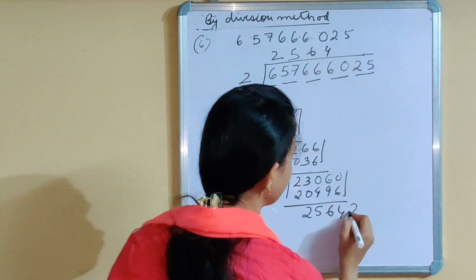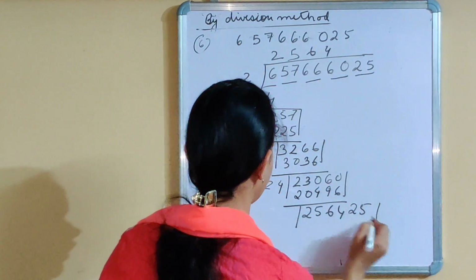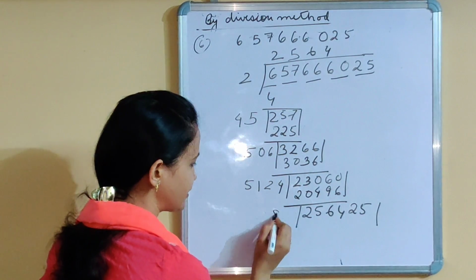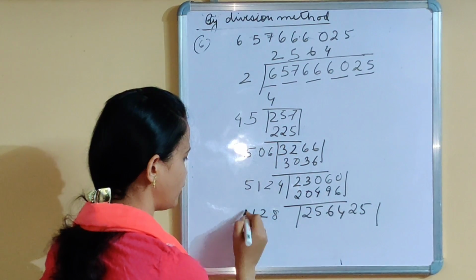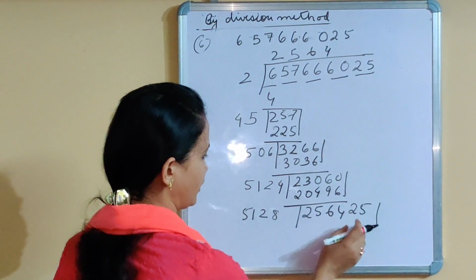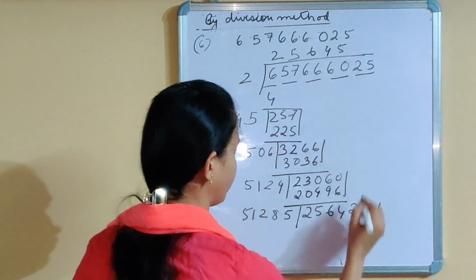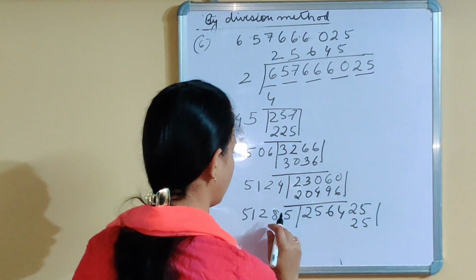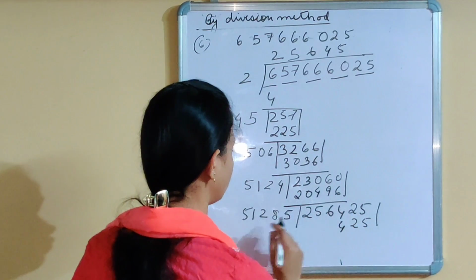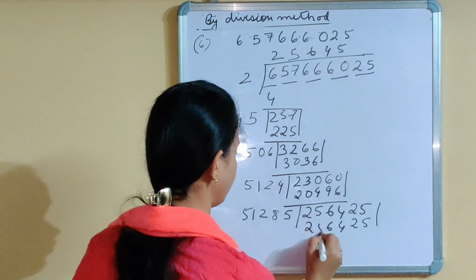Now bring me here 25. Again, double of 4 is 8. No addition. So 2, 1 and 5. So let me give it here 5 and 5. 5, 5, 25. 2. Then 4. Then it will be 6 and 25.